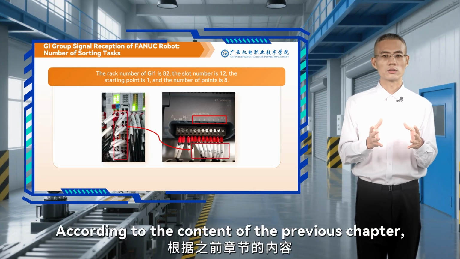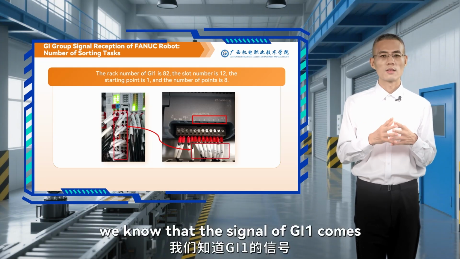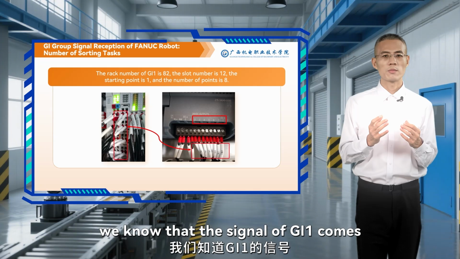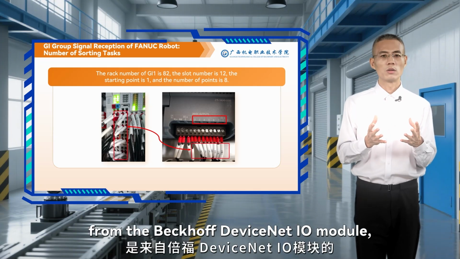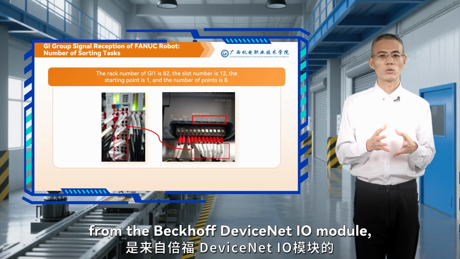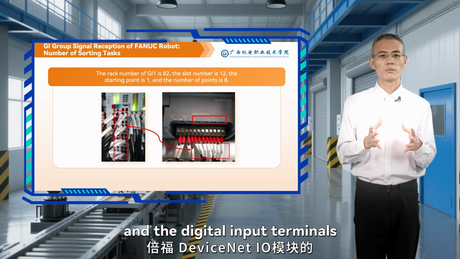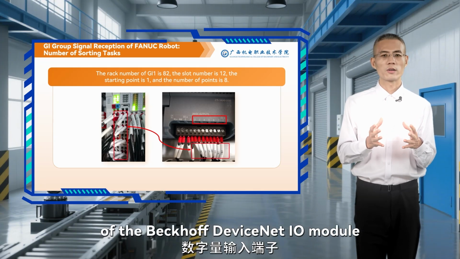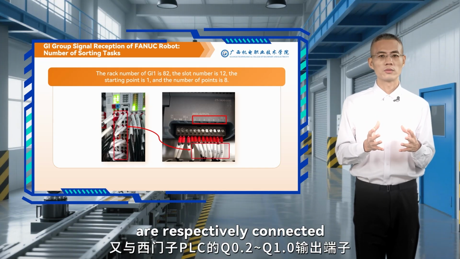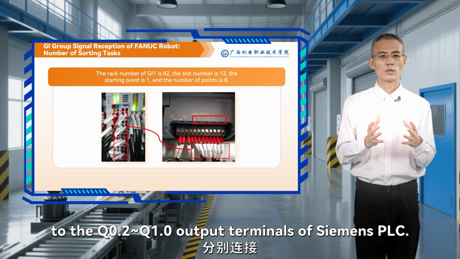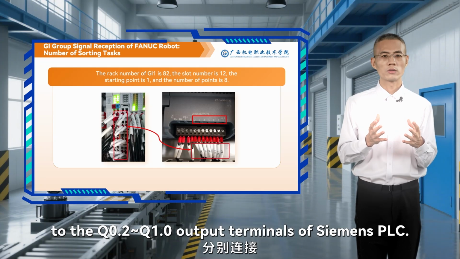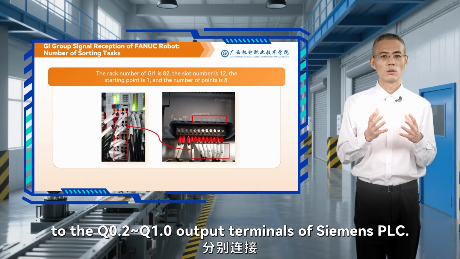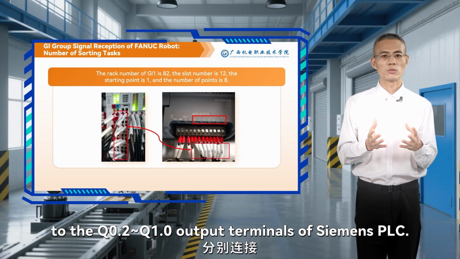According to the content of the previous chapter, we know that the signal of GI1 comes from the Beckhoff DeviceNet I/O module, and the digital input terminals of the Beckhoff DeviceNet I/O module are respectively connected to the Q0.2 to Q1.1 output terminals of the Siemens PLC.